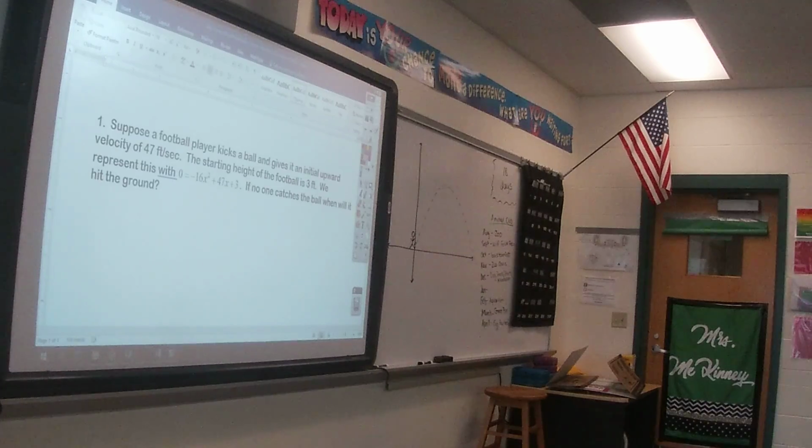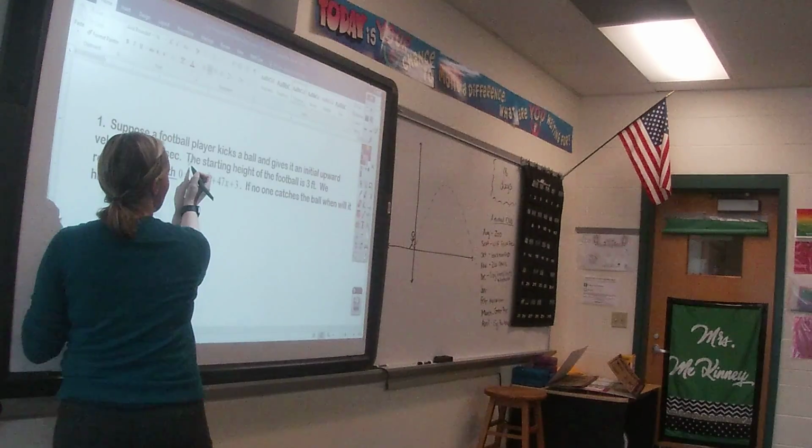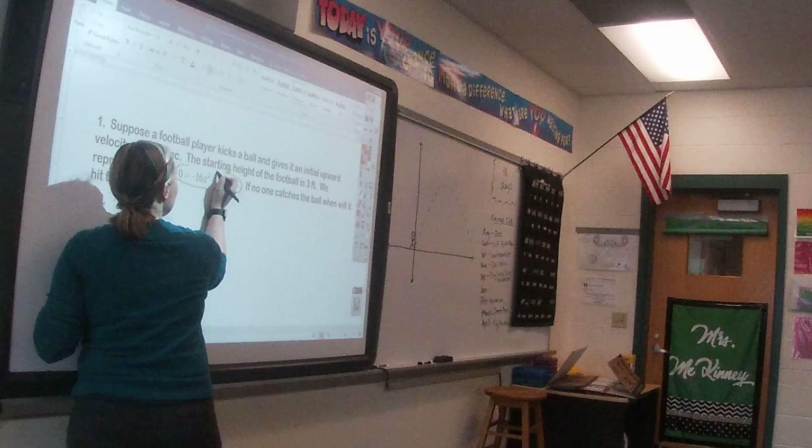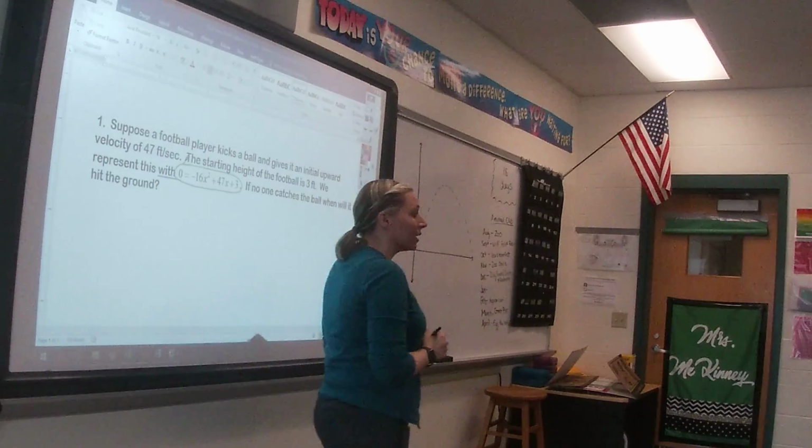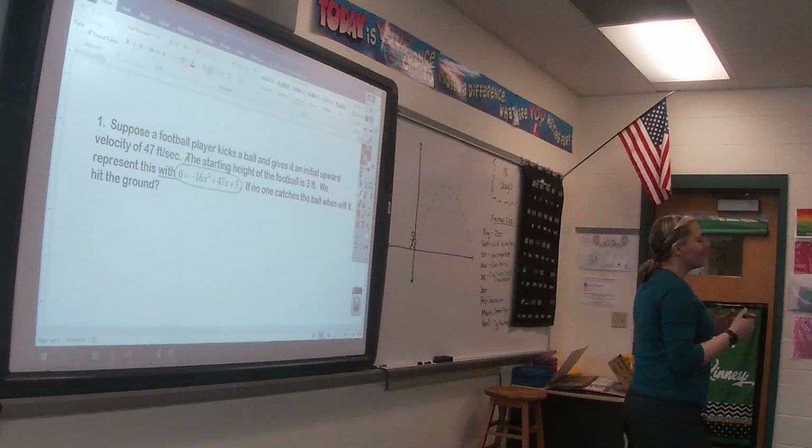Because it then tells us the starting height of the football is 3 feet. We represent this with. And what does it give us? A quadratic equation. Do we know how to do things with quadratic equations? Yes.